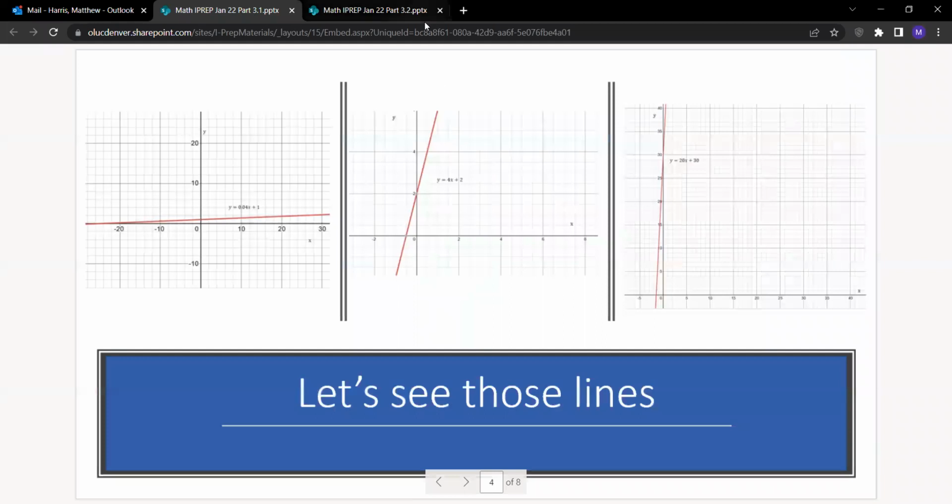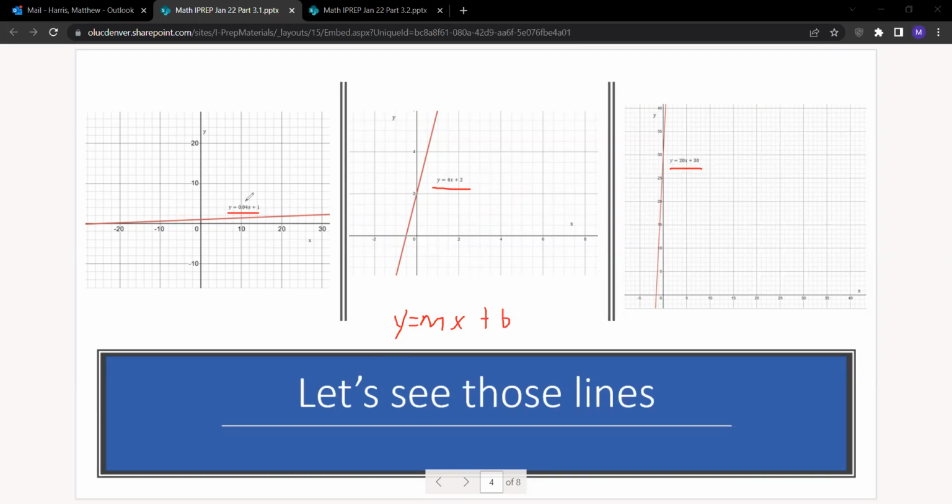So here we have a couple equations. We have y equals 0.04x plus 1. We have y equals 4x plus 2. And we have y equals 20x plus 30. So when we're looking at this, we can kind of break it down. We know y equals mx plus b is our format, where m is equal to our slope, and b is equal to the y-intercept.